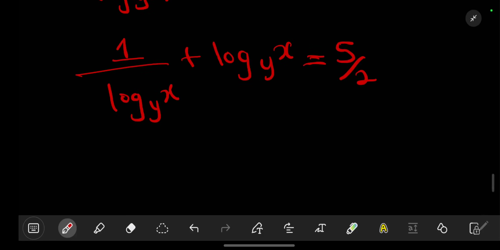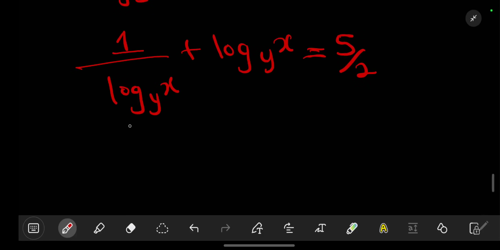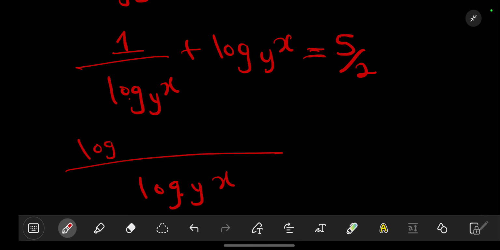So with that said, we are going now to multiply this through. Let's find this one as our lowest common denominator, which will give us the log base y of x. This divided by this is still this, times 1, it will be the log of this plus 1.